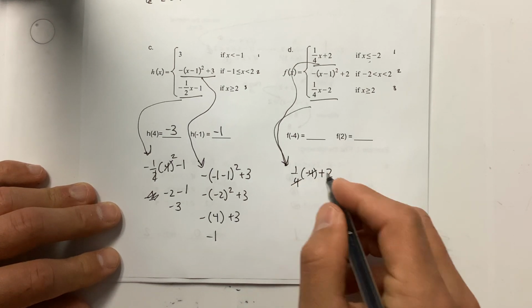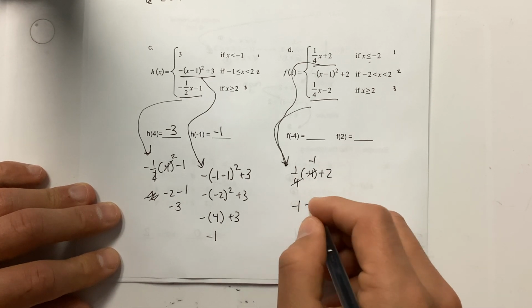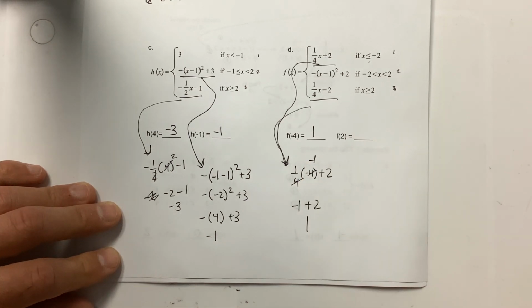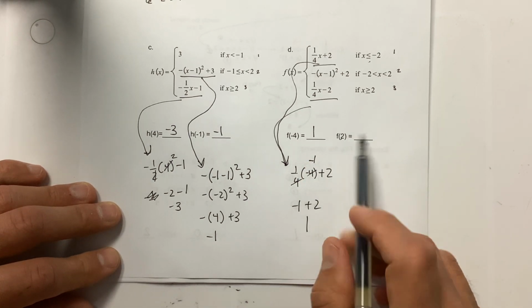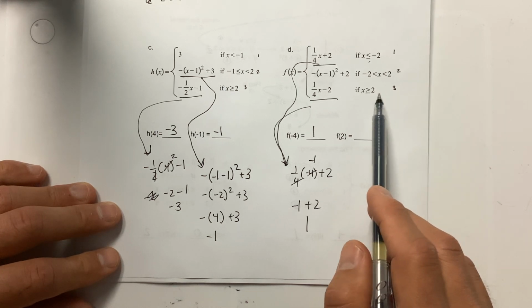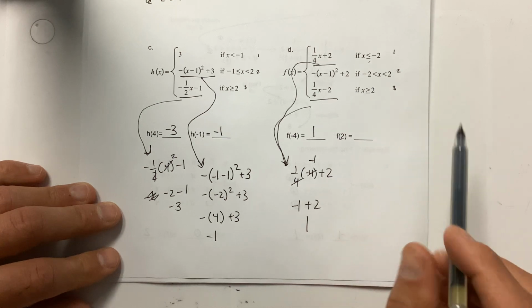All right, so we'll cancel here. This leaves me with -1. -1 plus 2, or just 1. All right, is 2 part of interval 2 or part of interval 3? I think this one is part of interval 3.